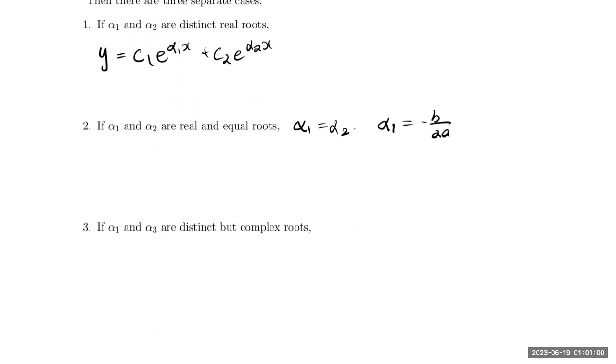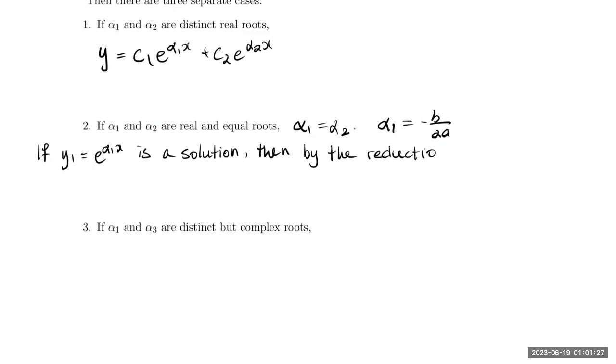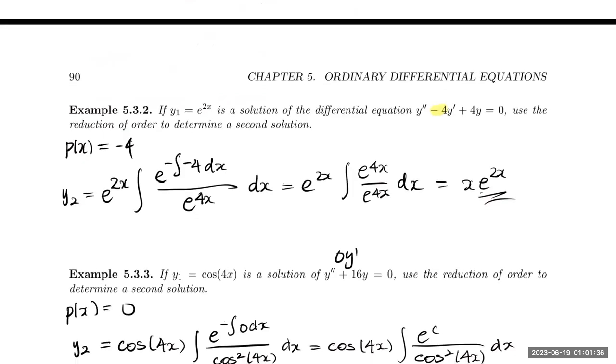Okay, so from here, what we actually have to do is use the reduction of order. If we assume that y1 is equal to e to the power alpha 1x is a solution, then by the reduction of order, and this is actually one of the similar examples that we had to look at previously, especially example 5.3.2.